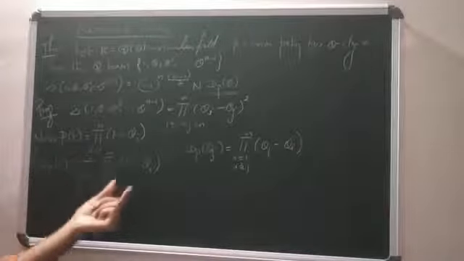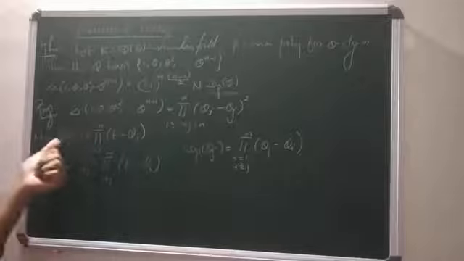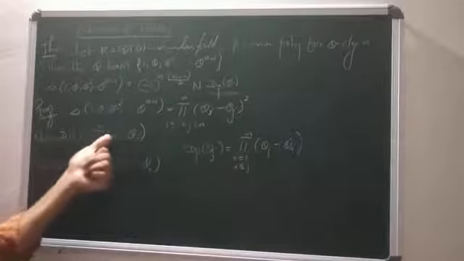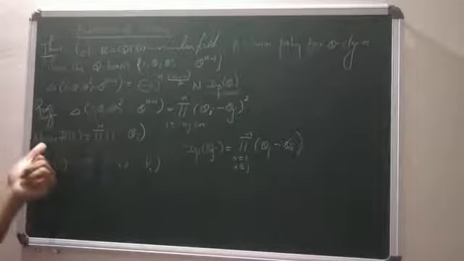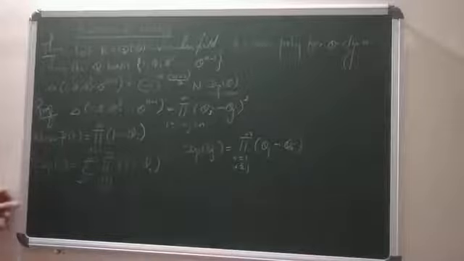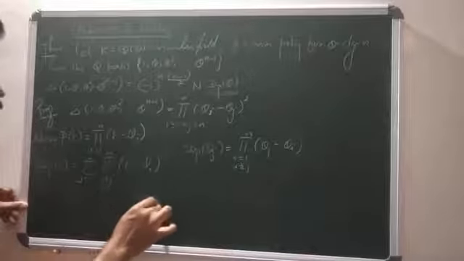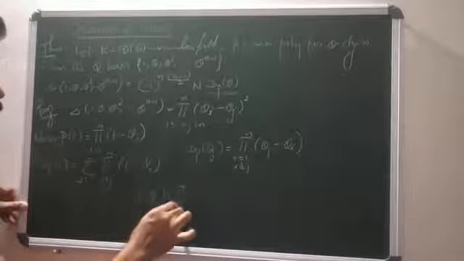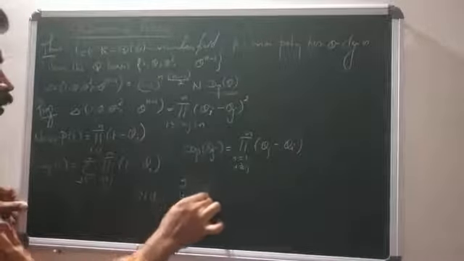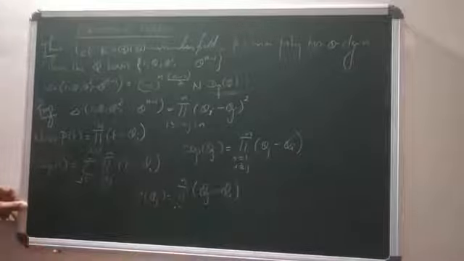Here dp(t) equals this, but for dp(theta_j), note that p(theta_j) is the product of (theta_j minus theta_i).